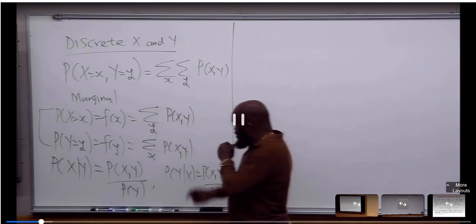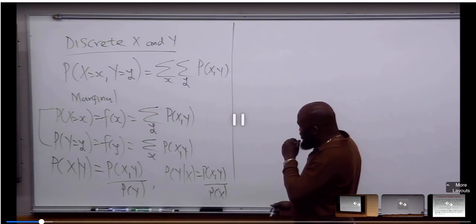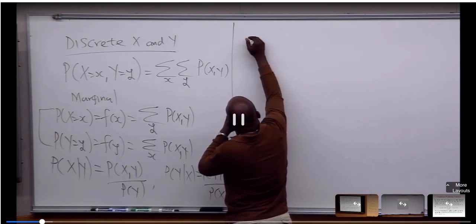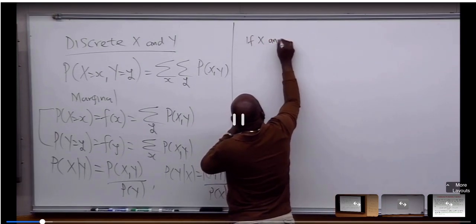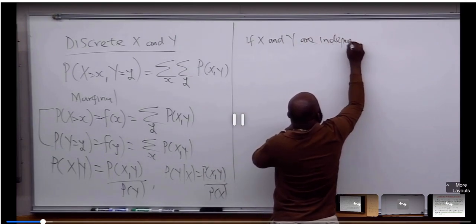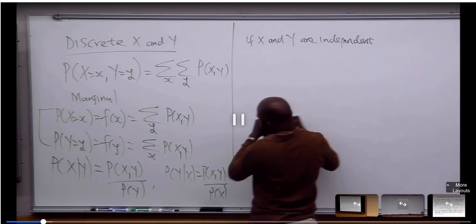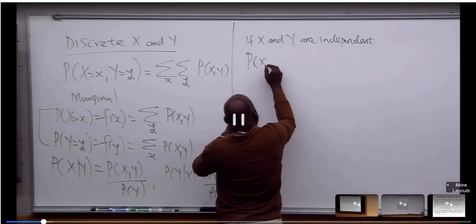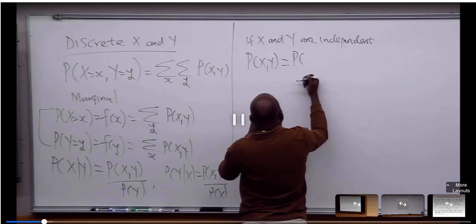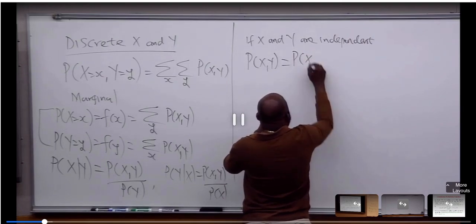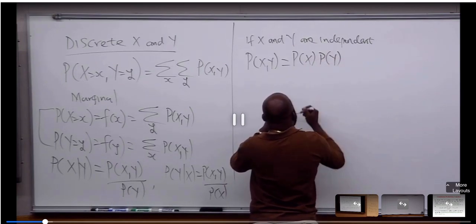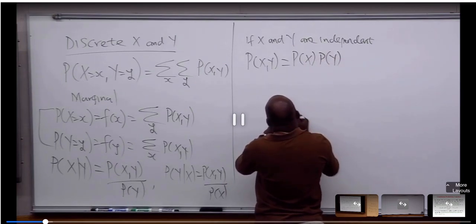And in a situation where x and y are independent, if x and y are independent, we're going to have these three conditions play out.